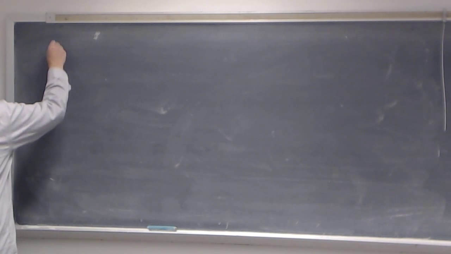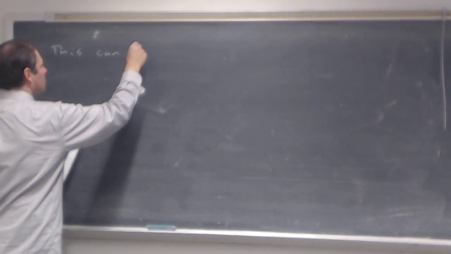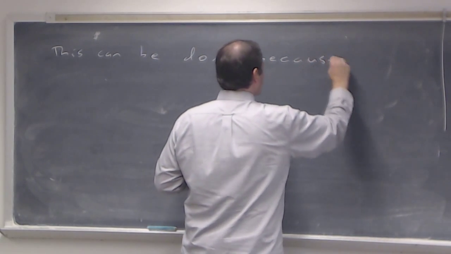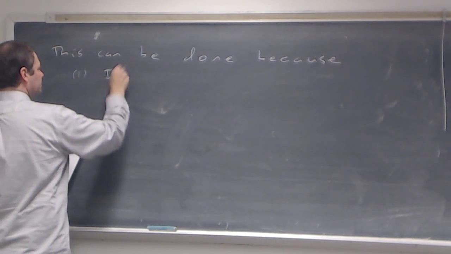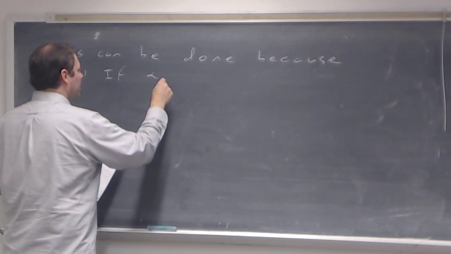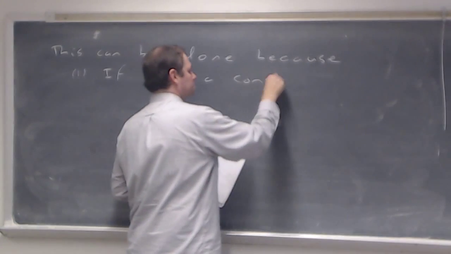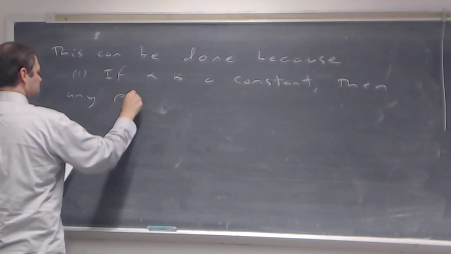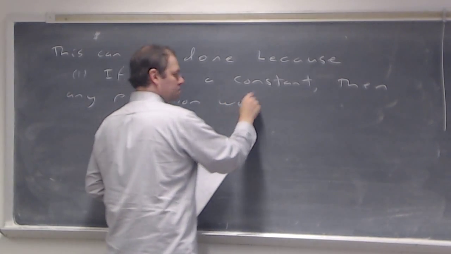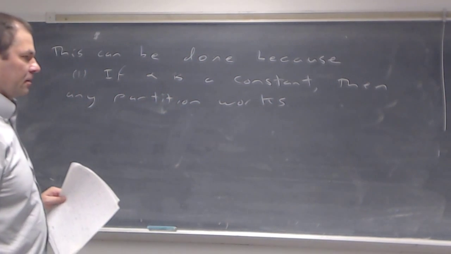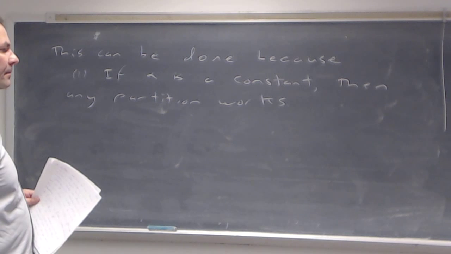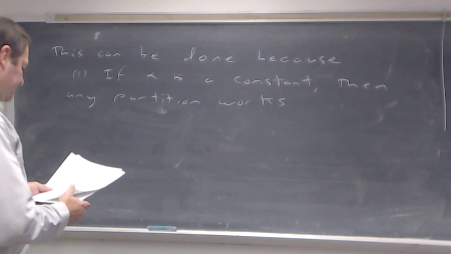Okay, and so let me explain why this can be done. First of all, the first thing I want to say is, if alpha is a constant, then any partition works, because you'll always get 0 for the delta alpha sub i's.